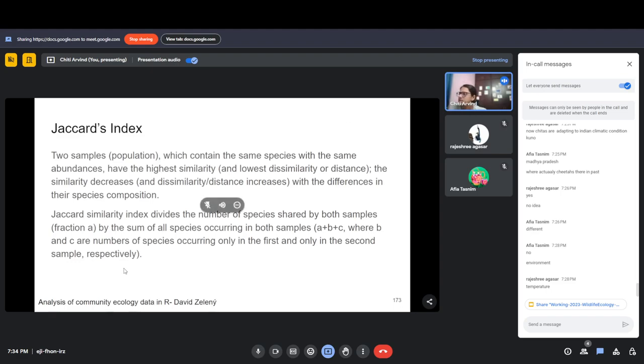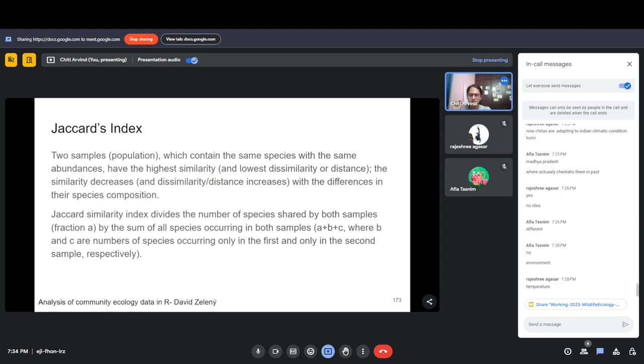It divides the number of species shared by both samples by the sum of all the species occurring in both populations together. So you have A as the number of species occurring in both population 1 and population 2, and then you have B present in population 2 independently and C in population 1 independently.